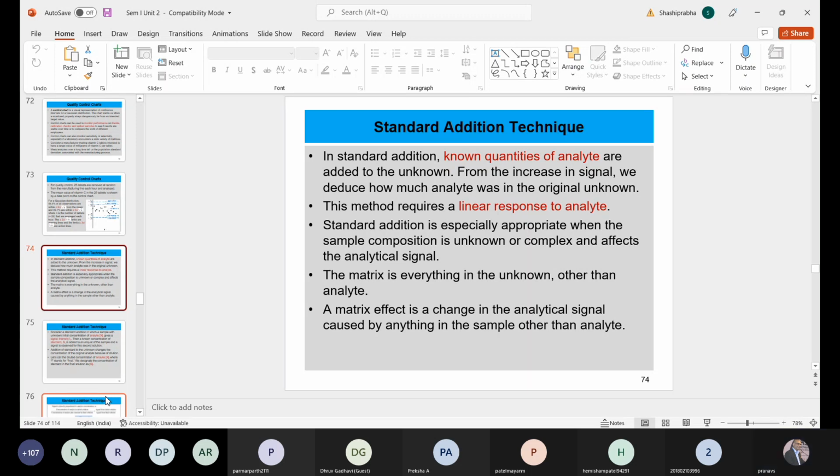Now, the most important aspect is when you have a real sample which does not contain the analyte of interest at a concentration which can be measured by your calibration line.